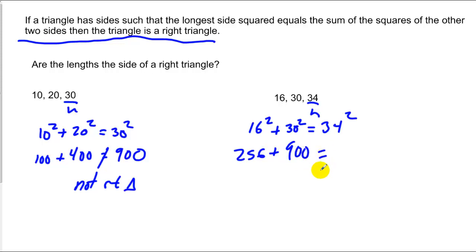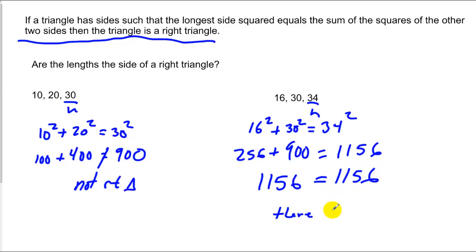And 34 squared is 1,156. So now notice 900 plus 256 is 1,156. That's equal to 1,156. Therefore, this is a right triangle.